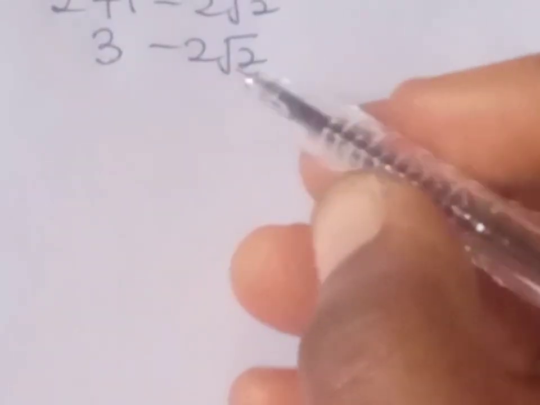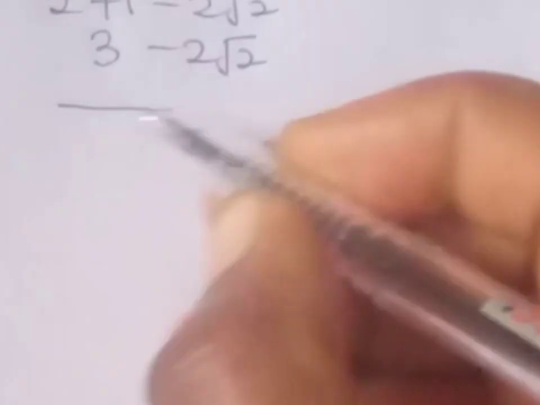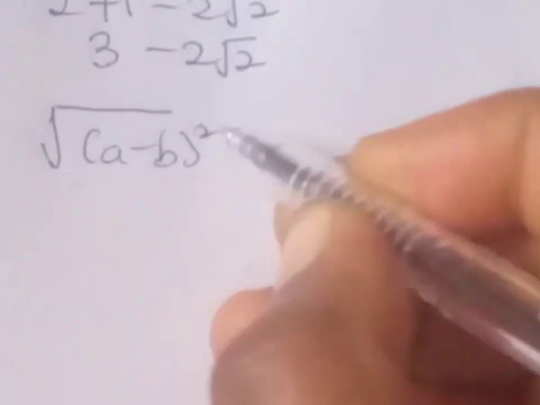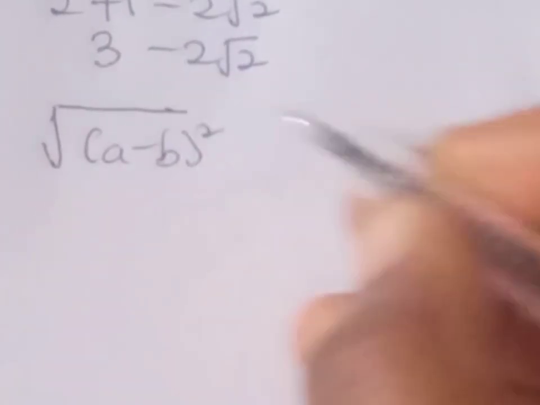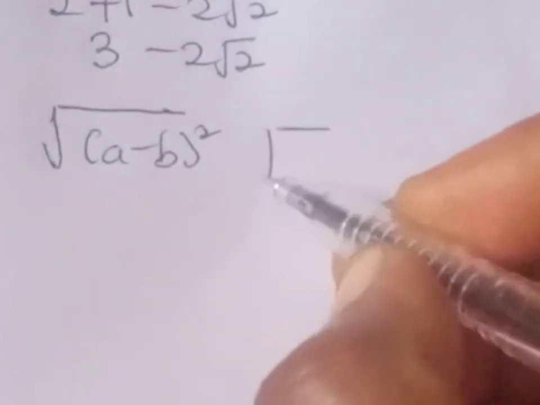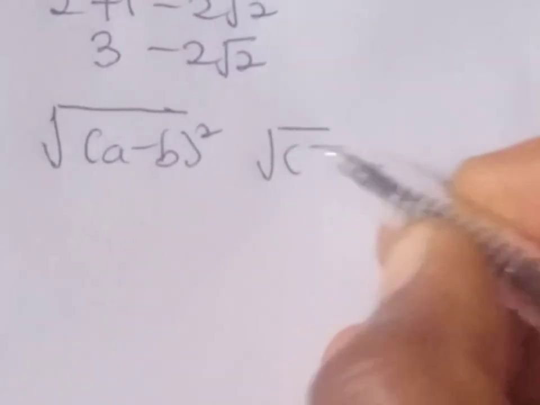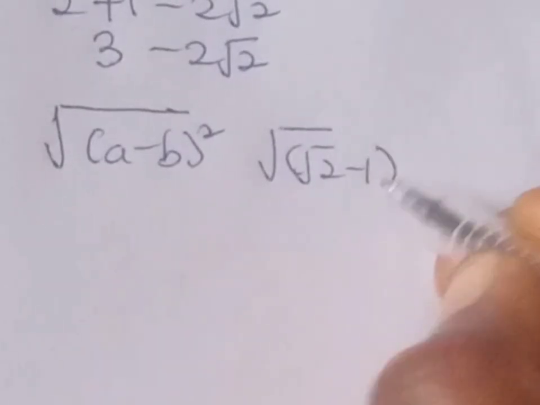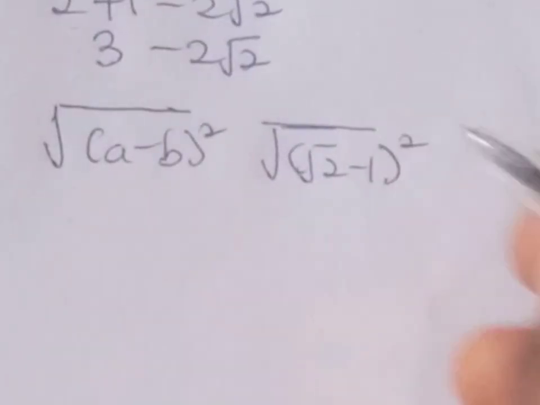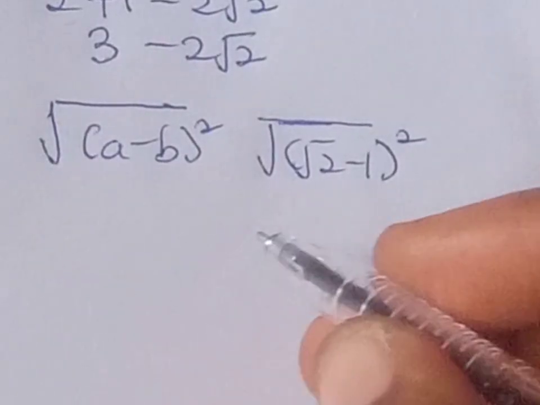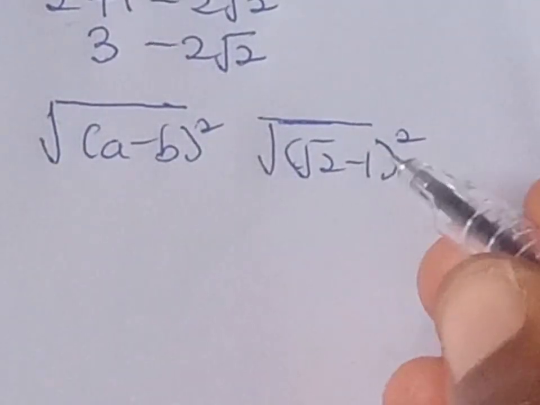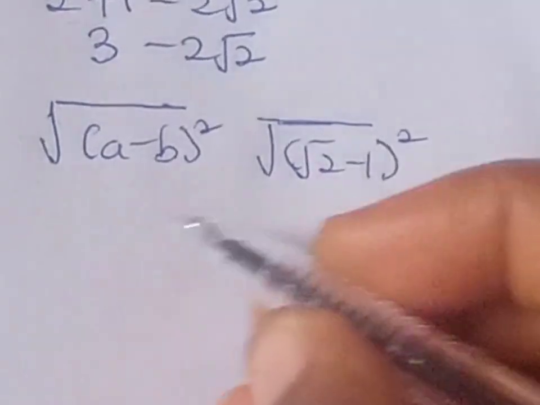Now our expression becomes square root of (a minus b) squared, which is square root of (root 2 minus 1) squared. Now remember that the square root of a square is the absolute value.